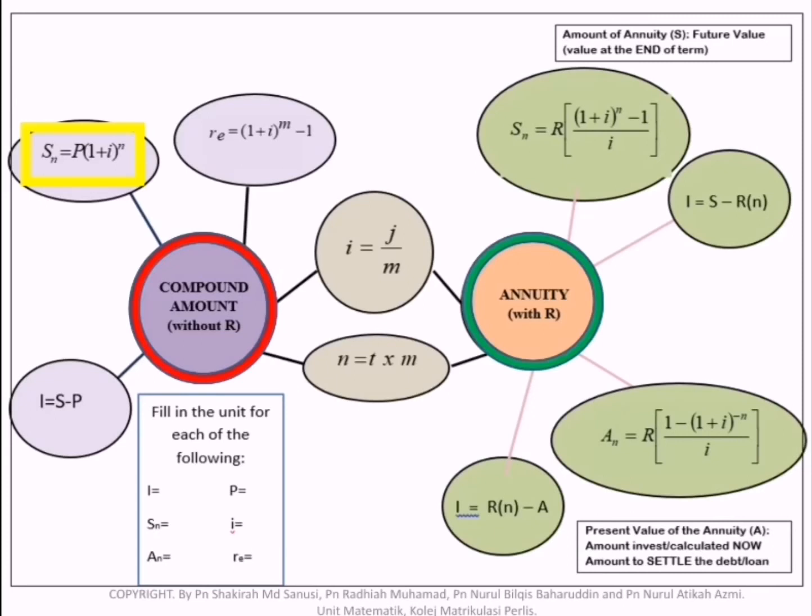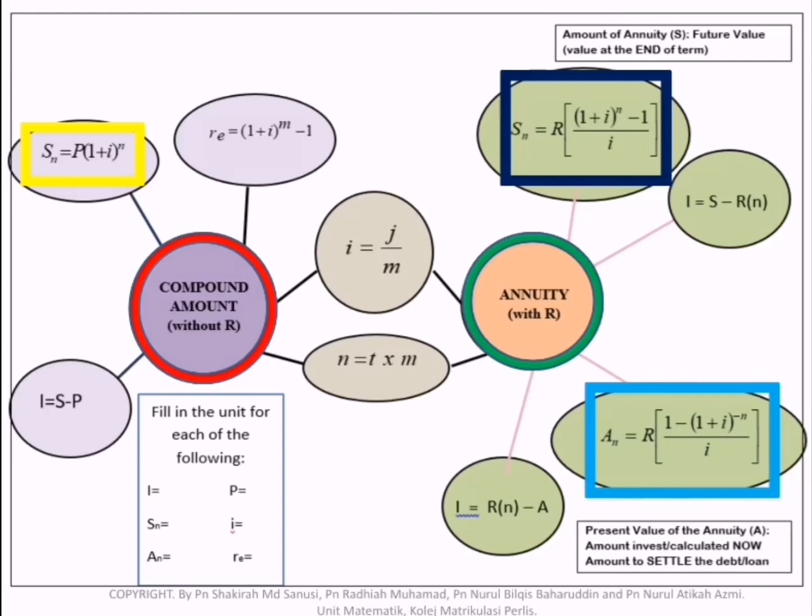But if the question has R, you have to choose either the formula S equal to R bracket or formula A equal to R bracket. So the other formulas you need to understand to conquer this part. If you are still confused, now let's look at the situation that can help you understand better.